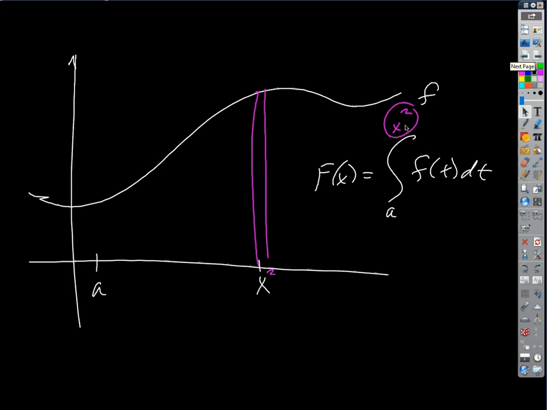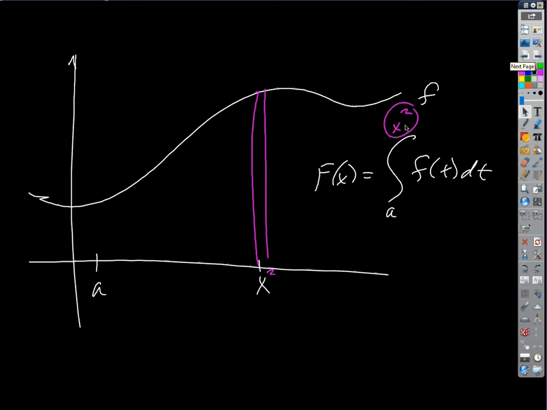So when x is 1, we're only adding up the area from a to 1. But when x is 2, we're adding up the area from a to 4, right? And so as x increases, what's going on? Well, if we watch this thing sweeping out area, it's accelerating, isn't it? Right?